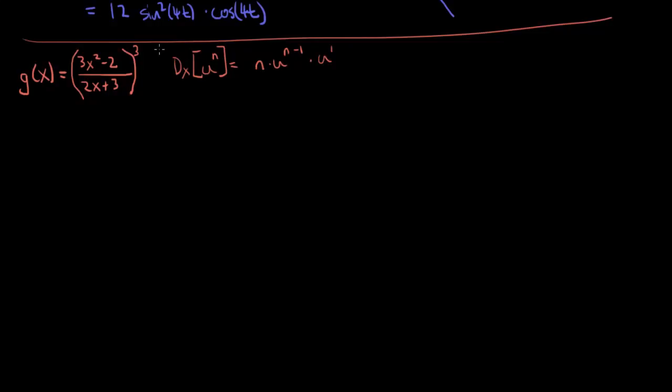Now, n times u to the n minus 1 power, that's no big deal. But u prime, that's going to be the derivative of that, which is going to use the quotient rule. So that's going to be a pretty long problem.